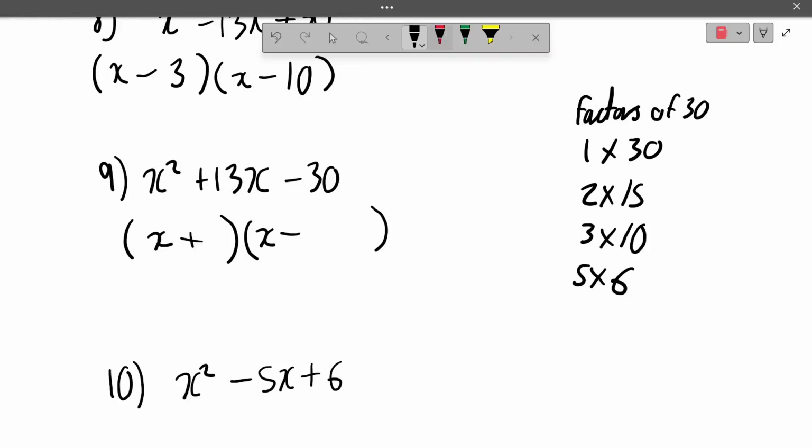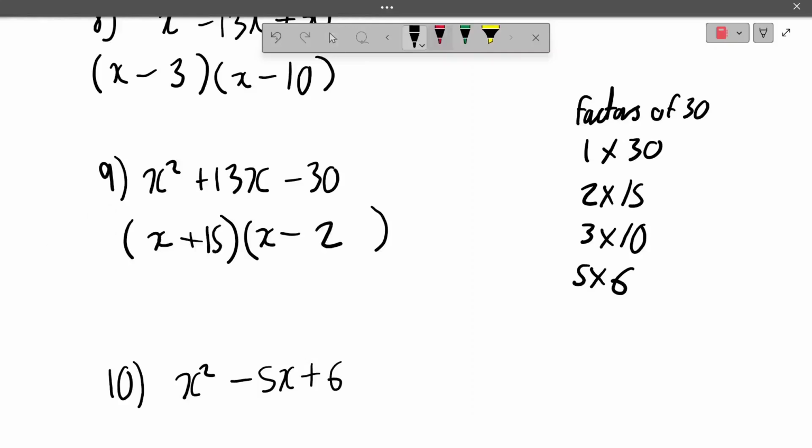That doesn't work. 2 minus 15 is minus 13. 3 minus 10 is minus 7. No. 5 minus 6 is minus 1. 6 minus 5 is 1. 10 minus 3 is 7. I want 13, so that isn't going to work. And 15 minus 2 is positive 13. So it's plus 15 and minus 2.